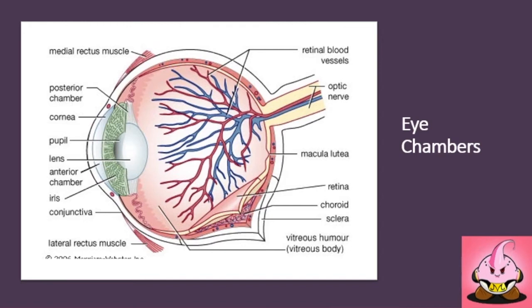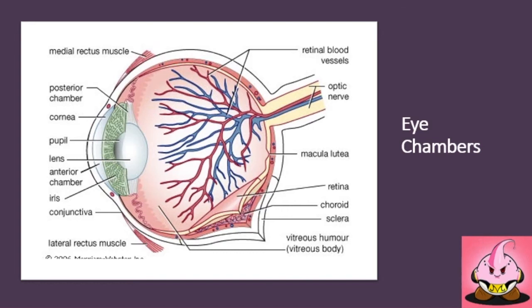Now, other than the anterior cavity and the posterior cavity, ladies and gents, your anterior cavity is also divided into two chambers. One is your anterior chamber, and the second one is your posterior chamber. So what do I mean by that?